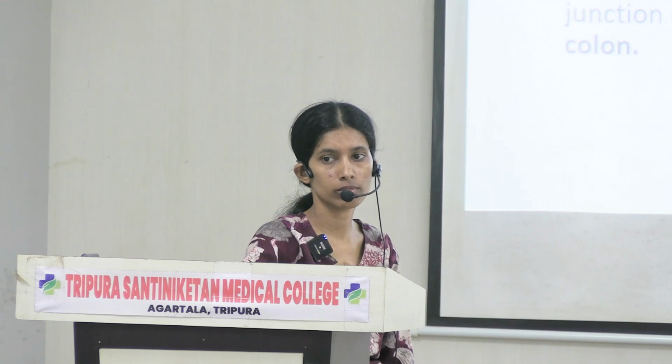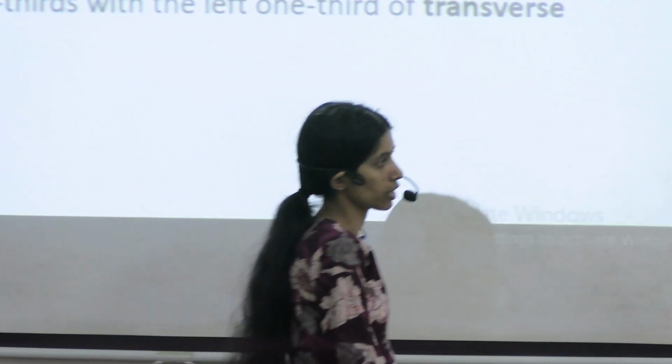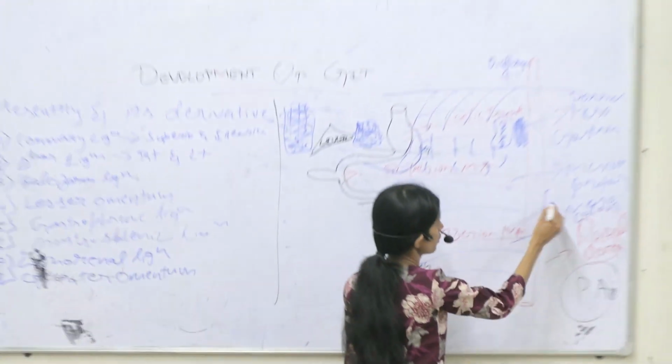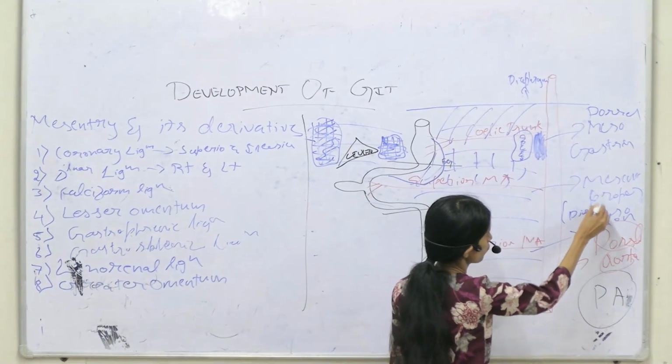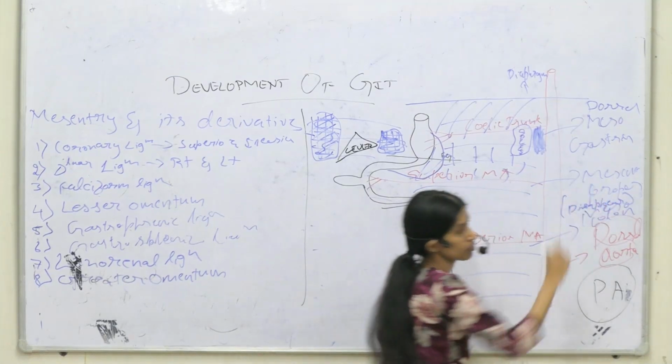No doubts? Okay. In the adult structure, mostly your mesentery proper will disappear. Only a small portion of it will remain.